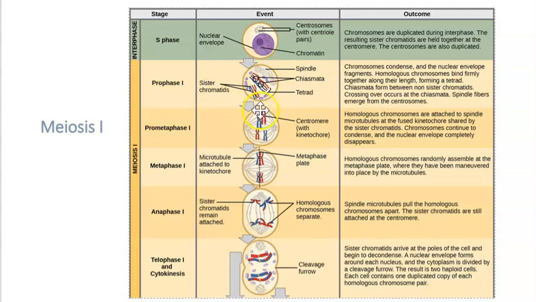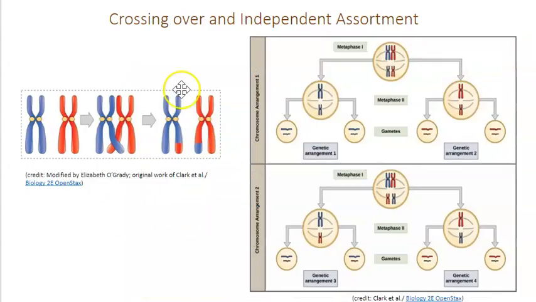But an event that did not happen in mitosis, and that's important in generating genetic diversity, is a process called crossing over. During prophase 1 of meiosis 1, the homologous chromosomes, for example paternal 1 and maternal 1, are going to pair together. When they pair together, genetic material is exchanged between the non-sister chromatids of these homologous chromosomes.